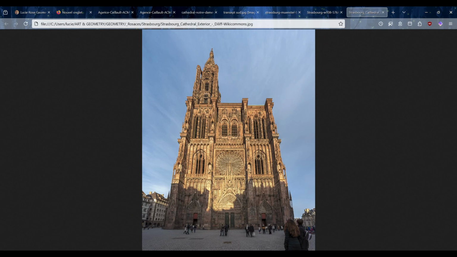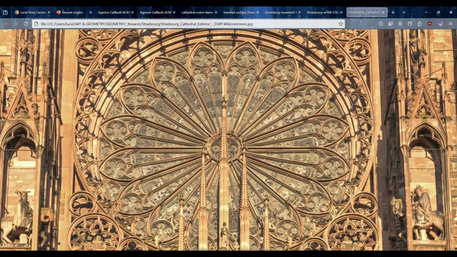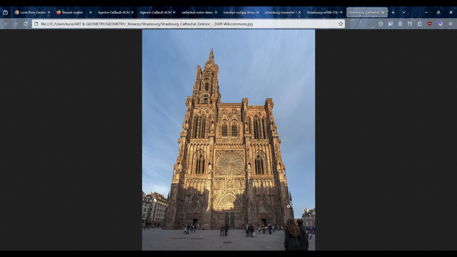I've done some courses on the big rose, this beautiful rose, and on some of the side arches and motifs that are on the sides. It's a beautiful cathedral, and Strasbourg is a lovely city. It's in the north east of France, very close to Germany. And yes, a gorgeous cathedral.